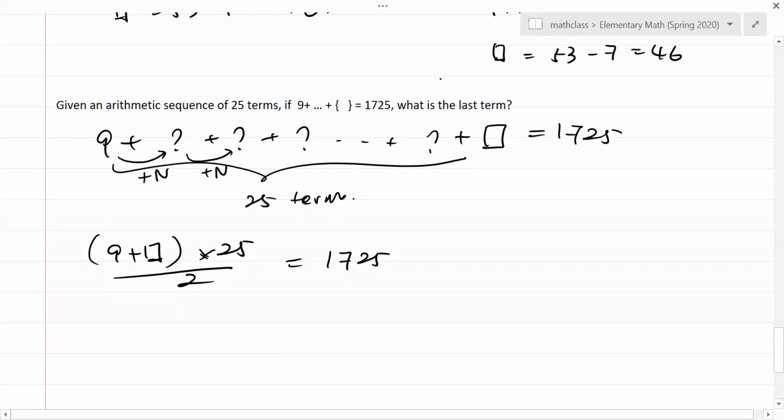And then we multiply by 2 on both sides.